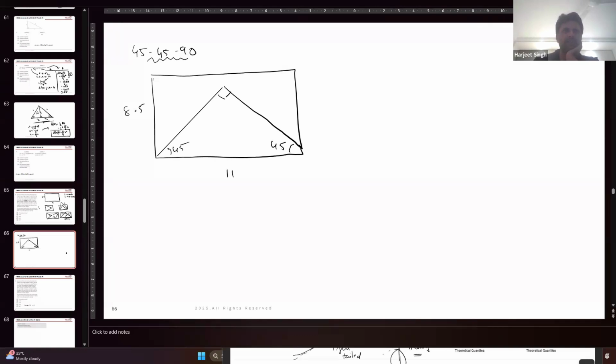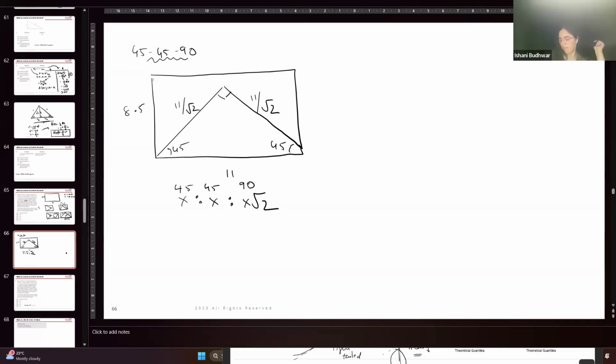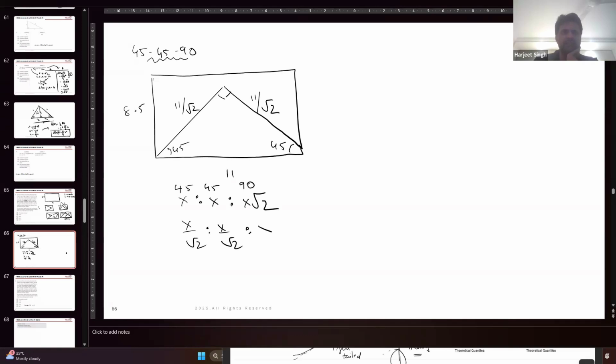So that will be 11 by root 2. Why is that? Because you know x is to x is to x root 2 is the ratio of the sides for 45, 45, 90, which means x by root 2 is to x by root 2 is to x is the ratio.